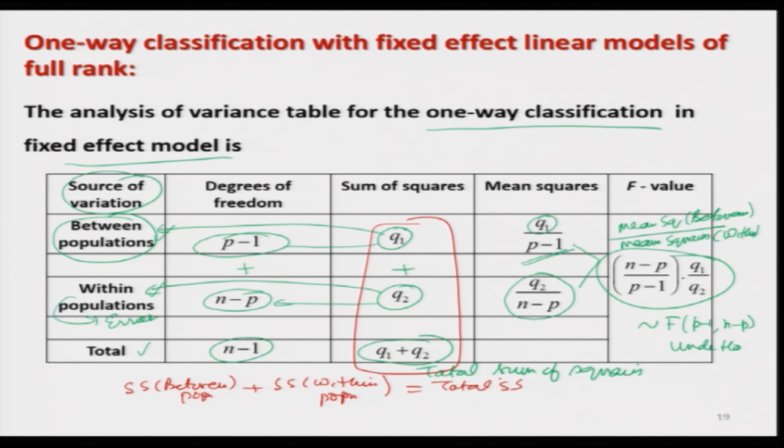And they have chi-square distributions, and their degrees of freedom are p minus 1 plus n minus p, and this total is again n minus 1.